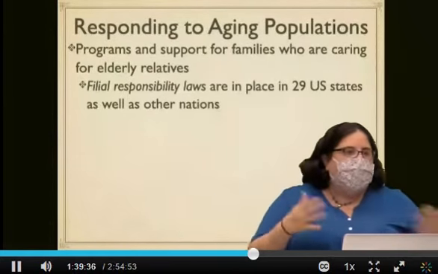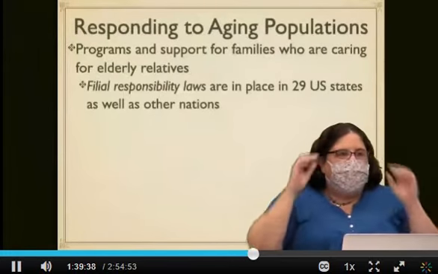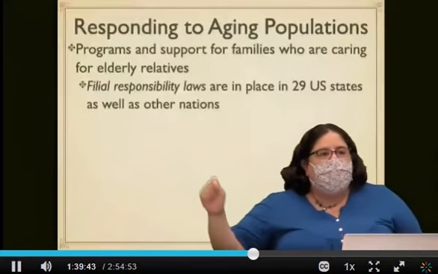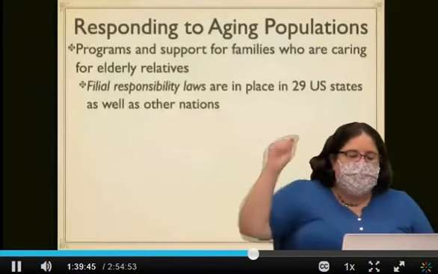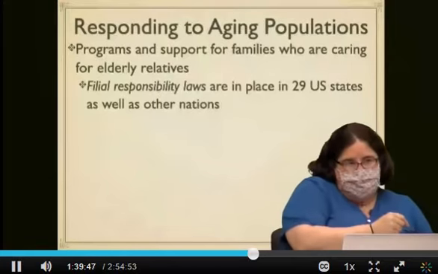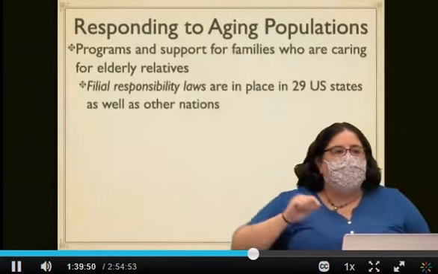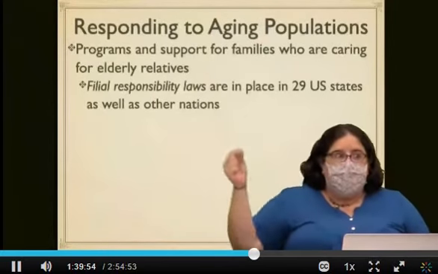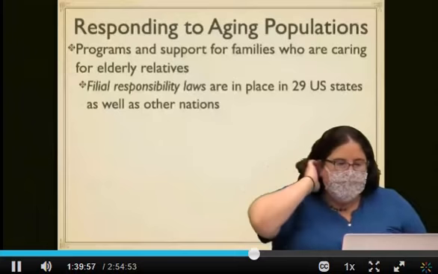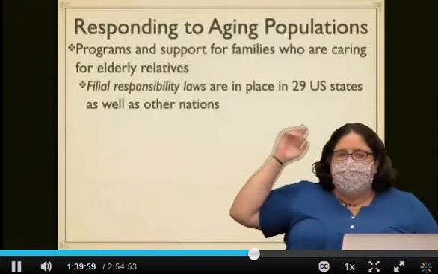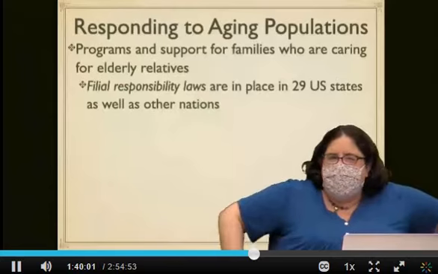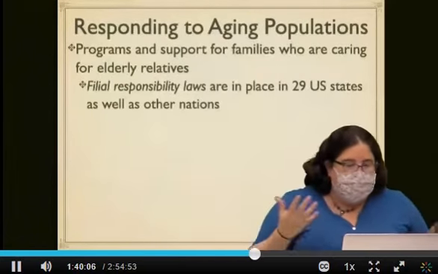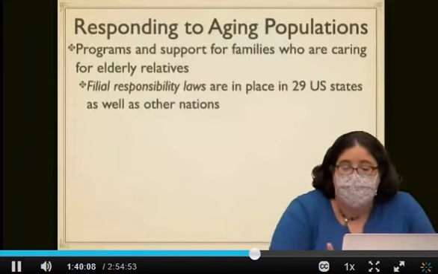Filial means child or son, I think technically, but child responsibility laws, meaning you are responsible for your parents just as they were responsible for you when you were underage. Right? So just like you could be arrested for child endangerment, you can be arrested for parental endangerment after a certain age, right? So some states, I don't know if Maine is one of them. I think it is. But also other countries around the world have them. Japan definitely has filial responsibility laws.